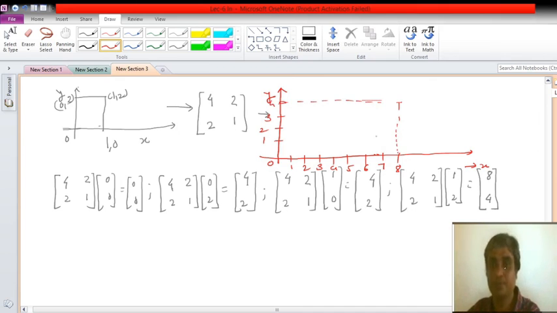The first point is 0, 0. The second point is 4 and 2. The third point is again the same, 4, 2, and the fourth point is 8, 4. So join the lines. This is the resultant of the transformation using this matrix on this input signal.